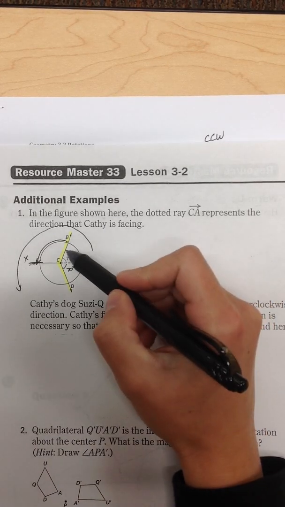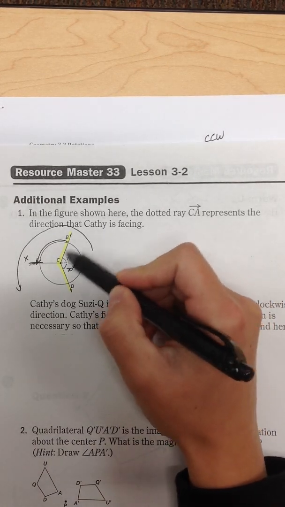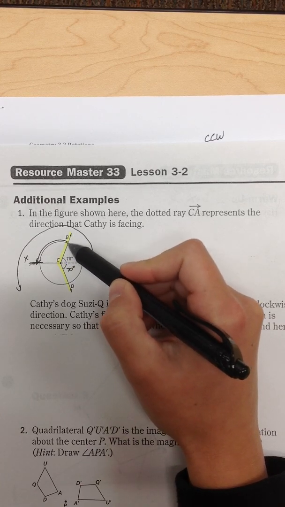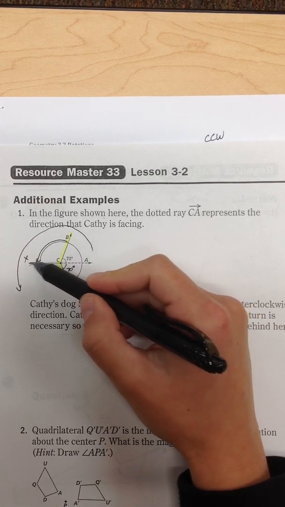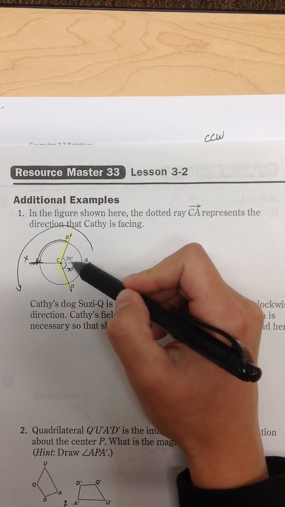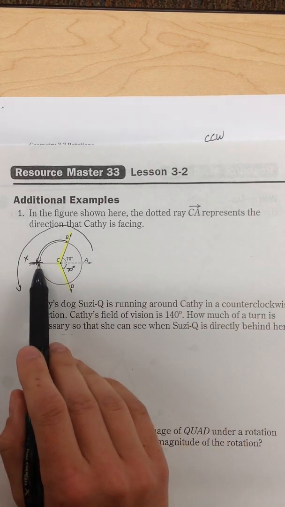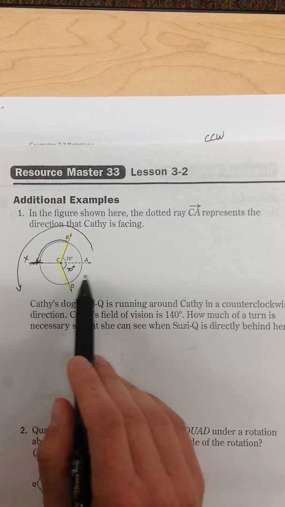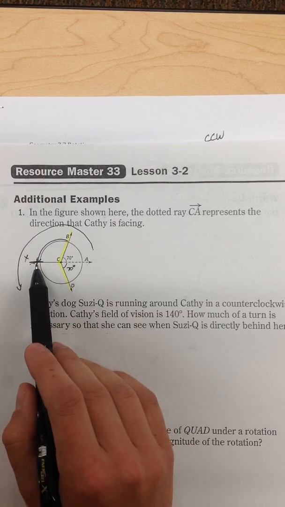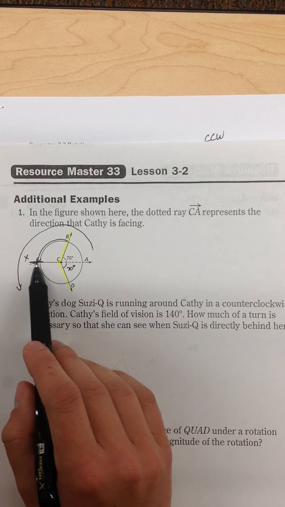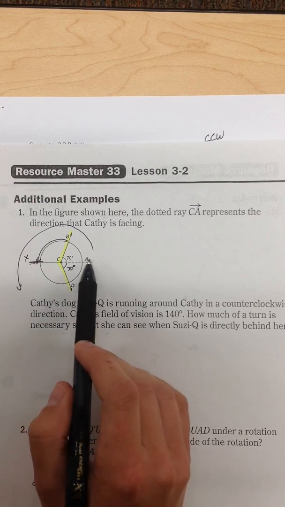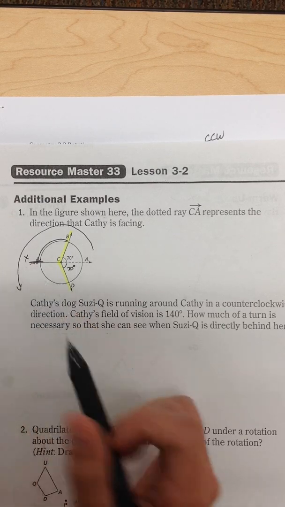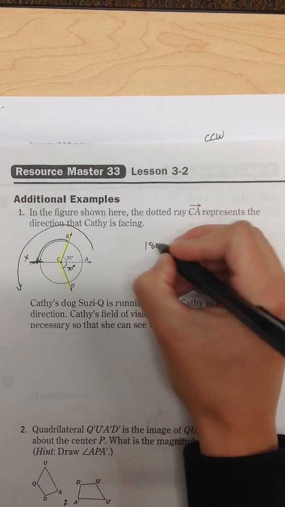If we take her left edge of the field of vision and turn her to directly behind her, and we think about this line as a diameter, making this a semicircle, from A all the way around to the letter I marked in black, that's 180 degrees.